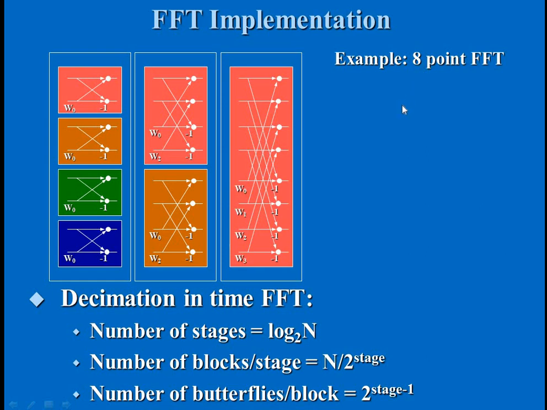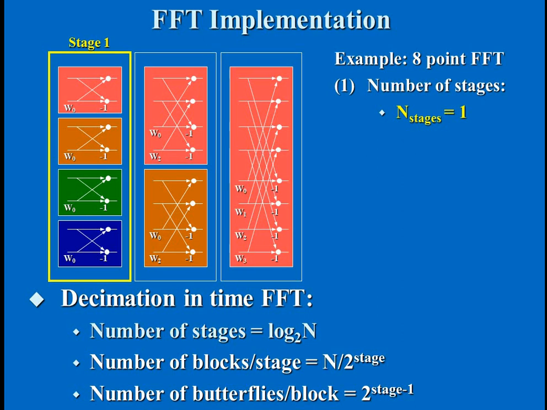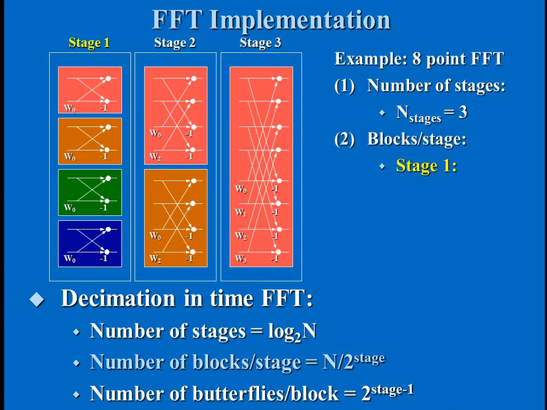So let's start understanding the FFT implementation, this DIT. The number of stages we are having is 3. So this is the very first stage, stage 2, and this is stage number 3. And the second thing is we have to find the number of blocks per each stage. For obtaining the blocks, if we are going to increase the stages, we have to reduce the number of points.